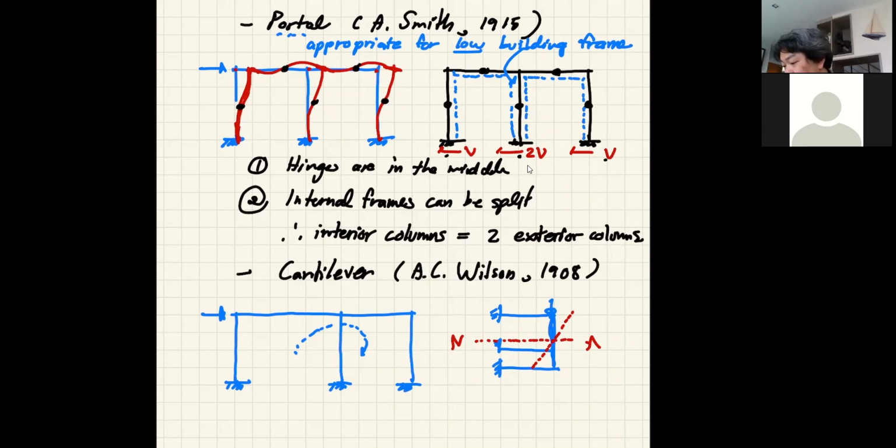So let me come back here, and let's say I have 1, 2, 3, 4, 5, 6, 7, 8, 9, 10 blocks. So this becomes my neutral axis, right? And I can now calculate the forces in the columns based on this ratio.